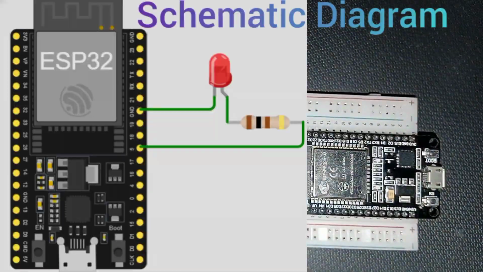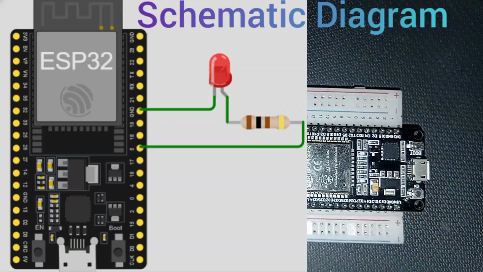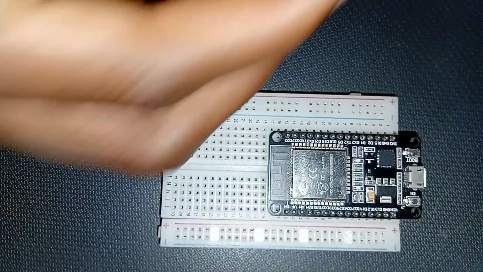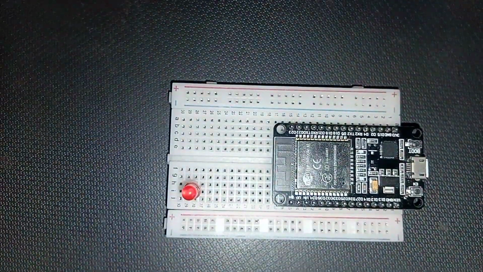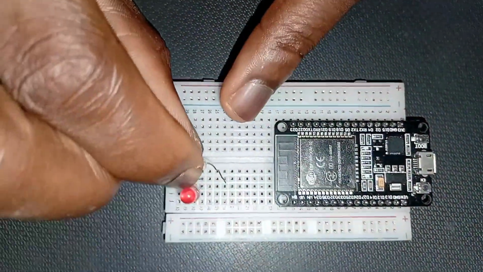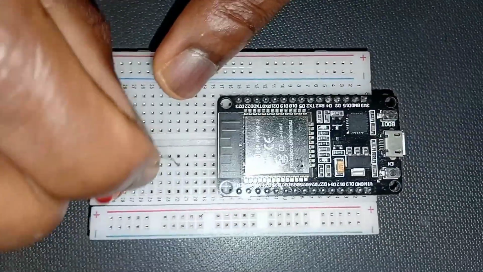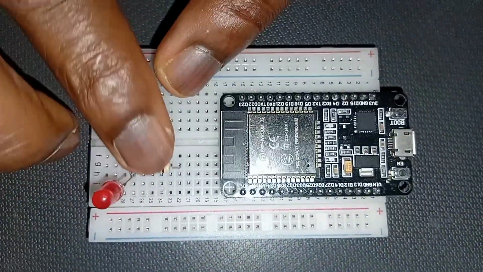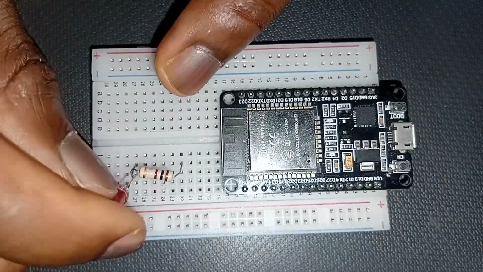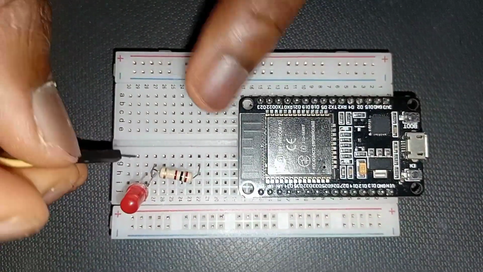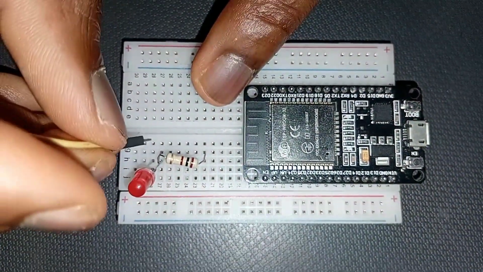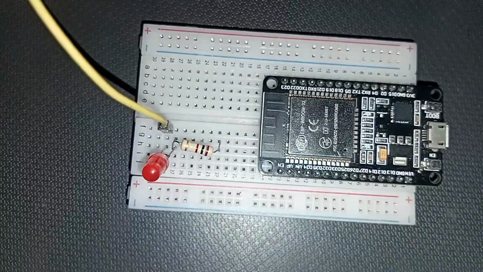So we first connect the red LED to our board this way. Then we connect the 100 ohm resistor to our board, and this is the cathode on the LED.